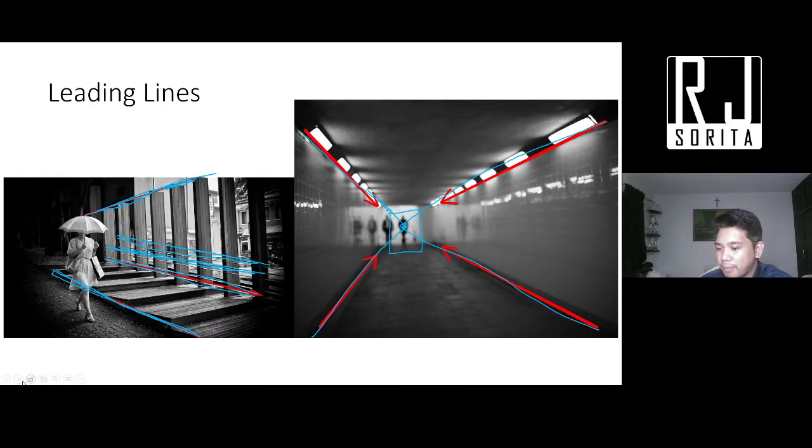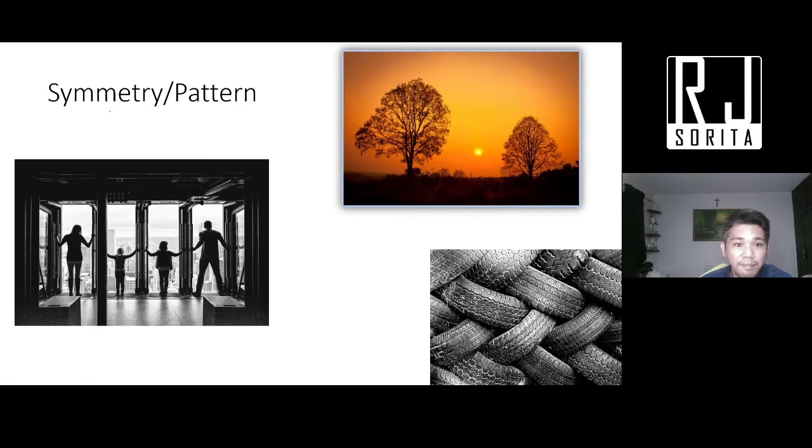Okay, next, we have symmetry or pattern. Look at this image. Look at how the people are aligned. They are very symmetrical. If you cut it in half, this side, the placing looks like the right side. Actually, there are also leading lines there.